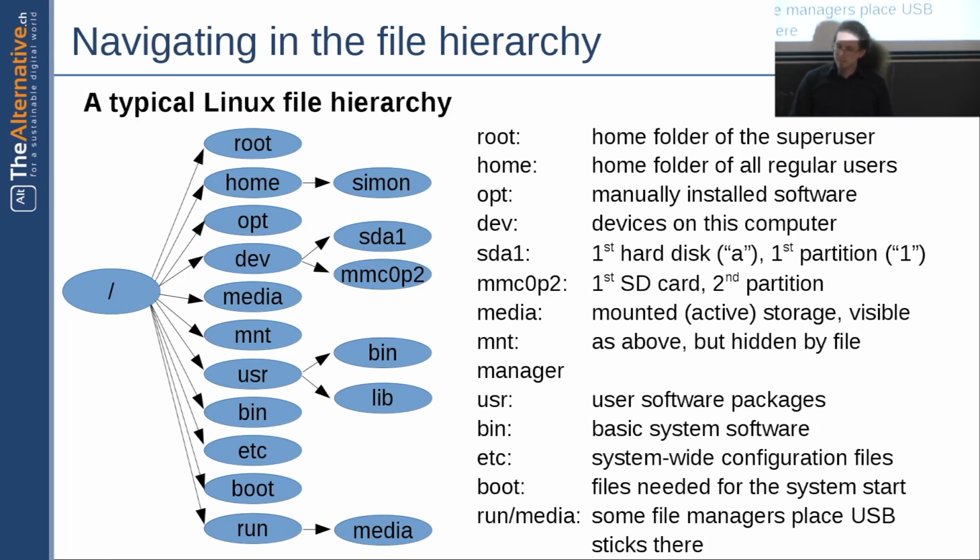The next important directory is usr. That's where all your programs go, and libraries and other stuff that generally can be installed. The bin directory is somewhat similar, but it holds mainly the bare bones tools that you use from the command line that are very basic to the system. etc is your configuration directory.